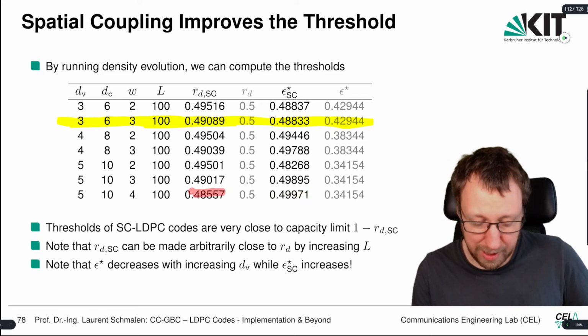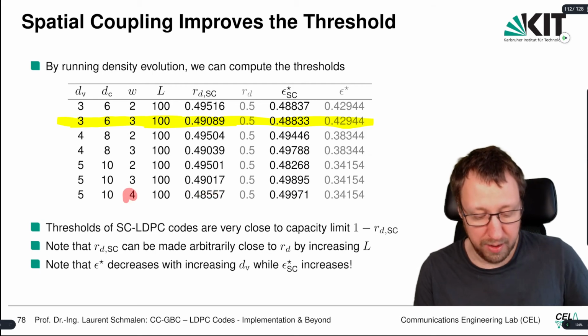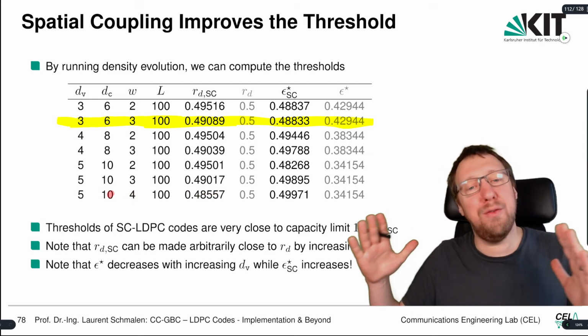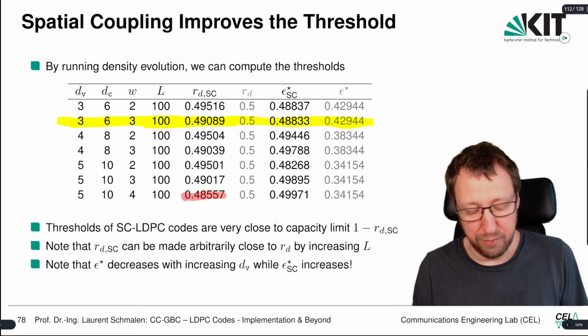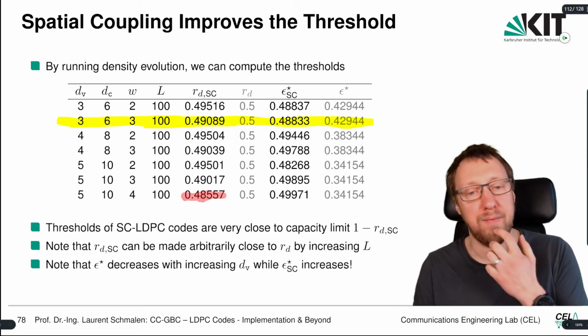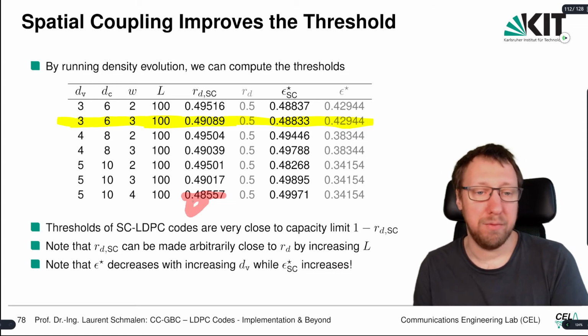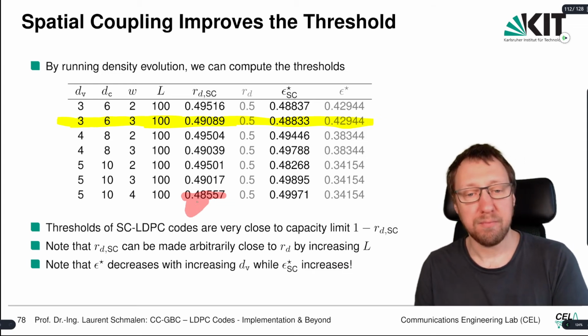The rate loss will be larger because of a large W and because of a large dC, but by increasing L further, we saw that we can get rid of the rate loss. If we increase L much further, this will be the same rate eventually.